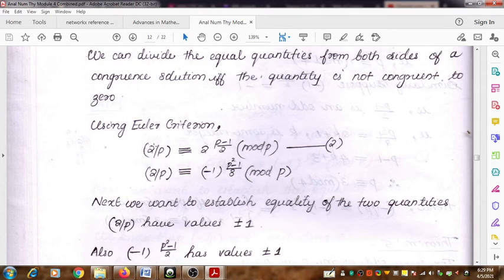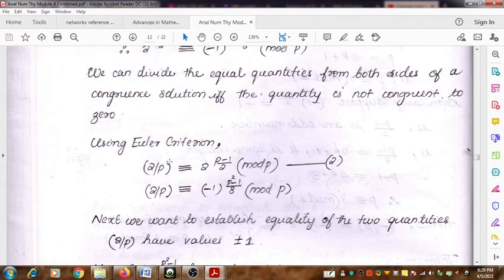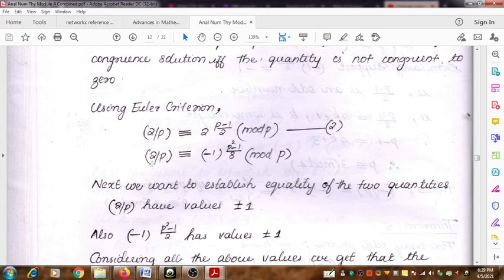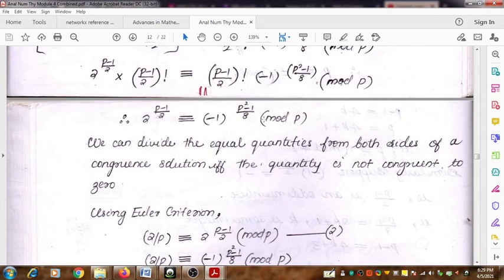The Legendre symbol (2 bar p) is equal to 2 raised to (p minus 1) divided by 2 mod p. And also, the Legendre symbol (2 bar p) is congruent to minus 1 raised to (p square minus 1) by 8 mod p. This is copied from the above step.